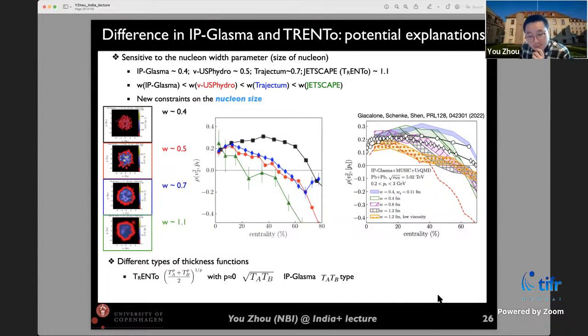On this slide, I have one question. Since you see that this W parameter, the nucleon size, has this sensitivity, can any similar measurement be done, for example, in p-lead collisions where you have a nucleon hitting the lead? Excellent question. I actually don't know.